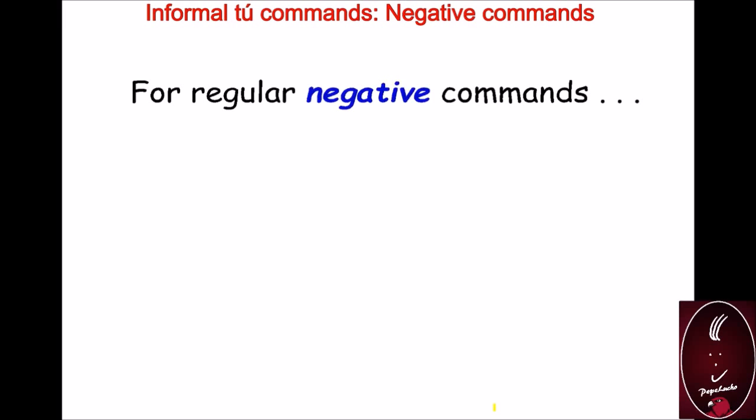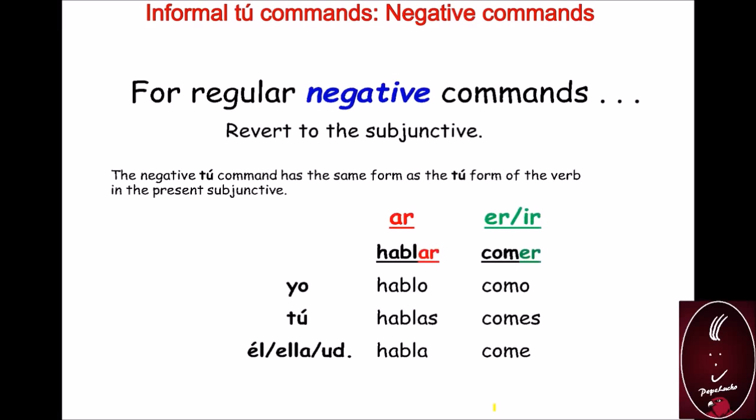For the regular negative commands, we're going to use the ending of the conjugation of the verbs: the AR ending and the ER and IR endings, or the tú conjugation.